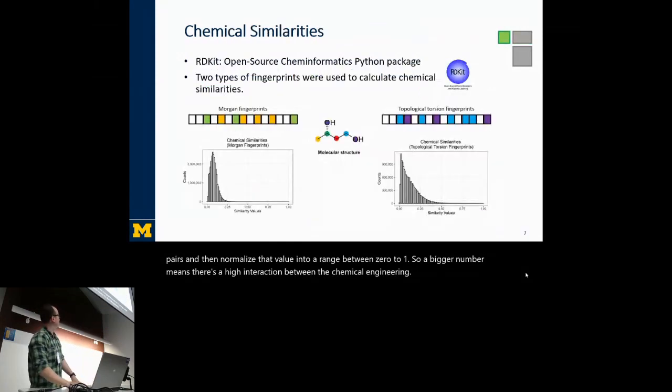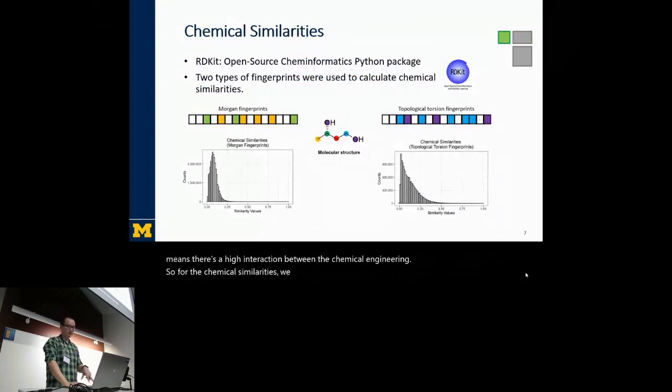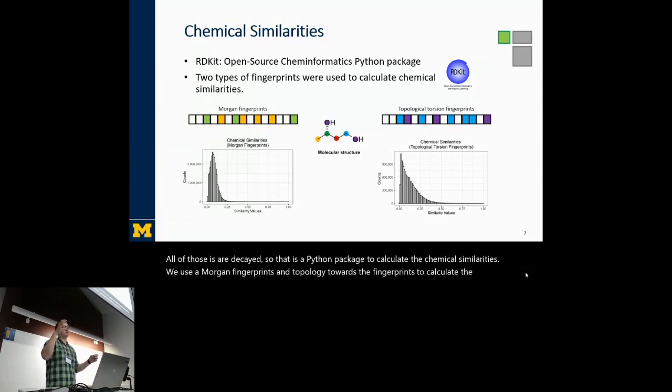For the chemical similarities, we used 2 different methods, both using RDKit, a Python package to calculate chemical similarities. We used Morgan fingerprints and topological torsion fingerprints, so we have two types of chemical similarity.